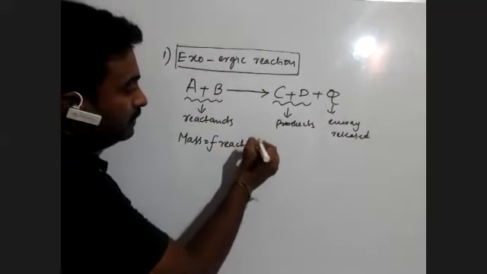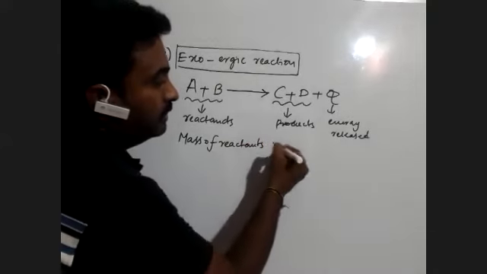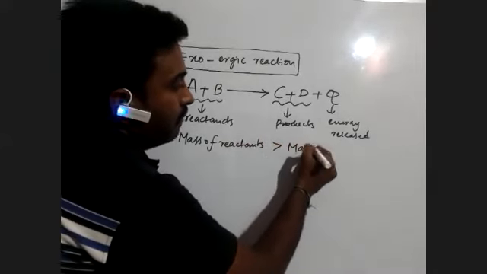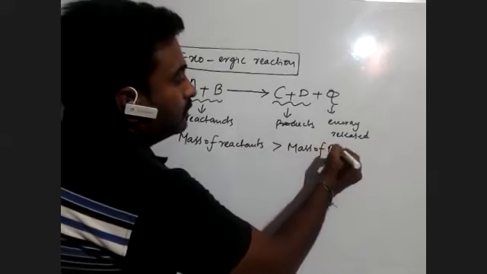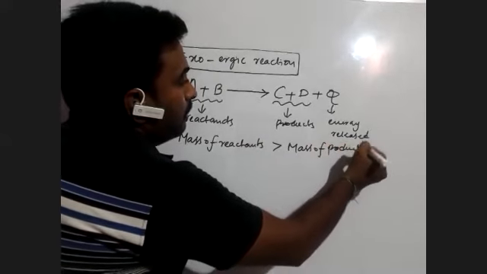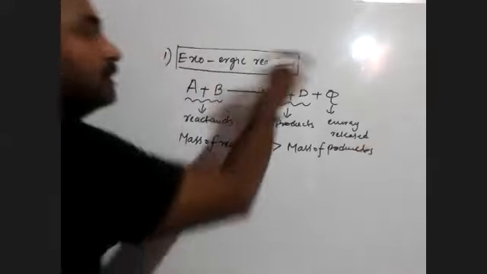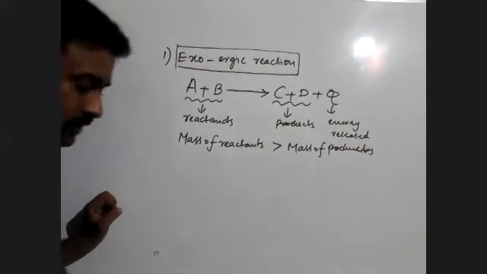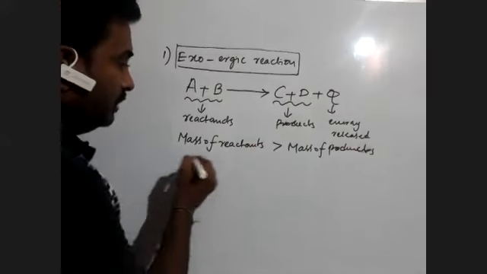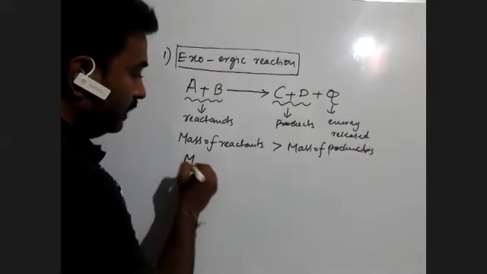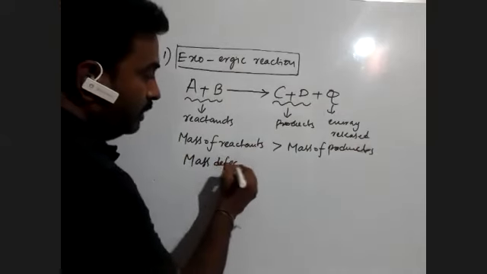When will this energy be released? If the mass of reactants is greater than the mass of products, some mass is converting into energy. So here, the mass defect is what is converting into energy.